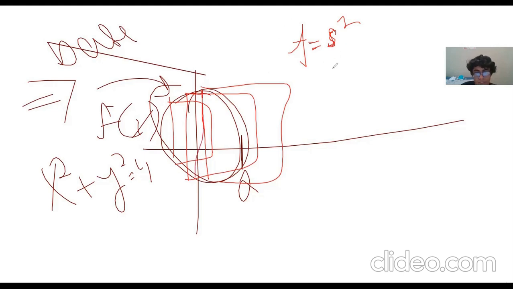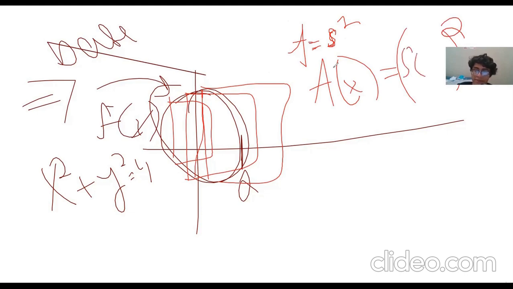That's the side, and you square it to give an area. Then the side changes, so you need s as a function of x, so s squared as a function of x.